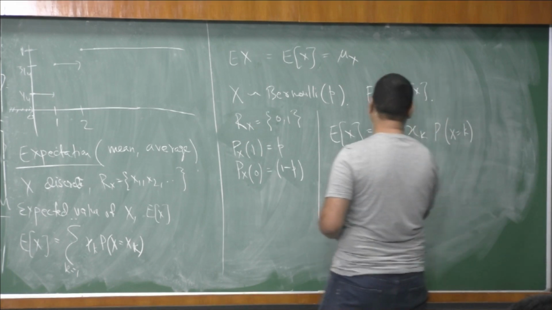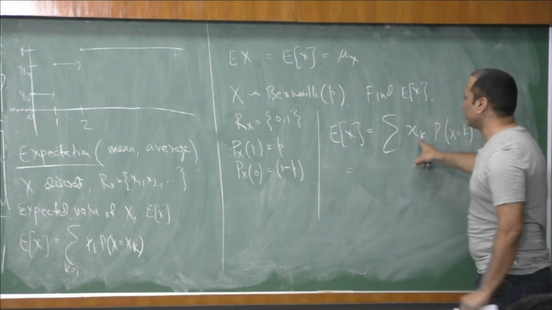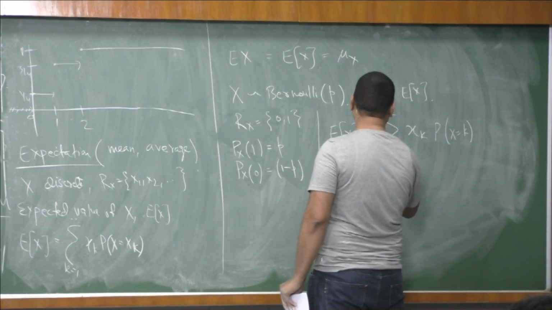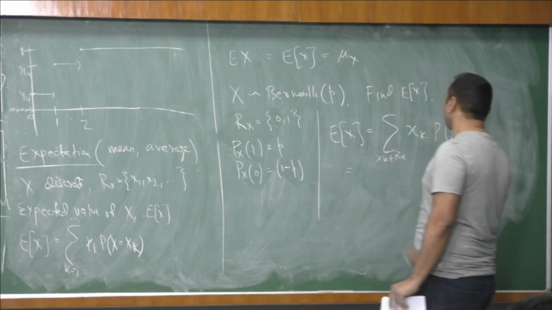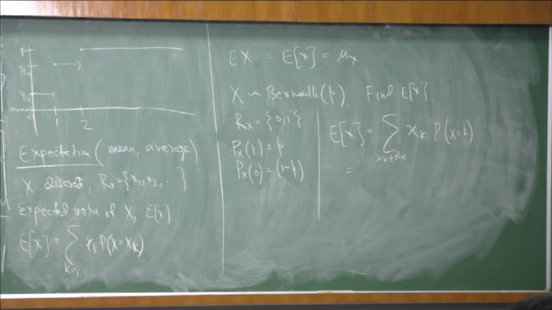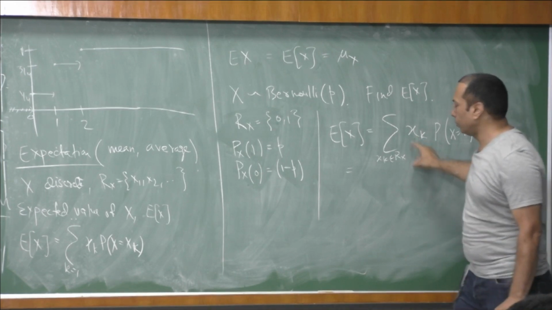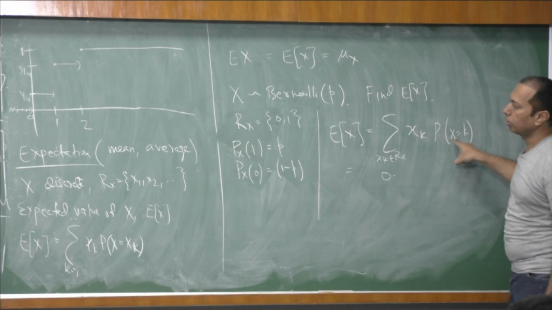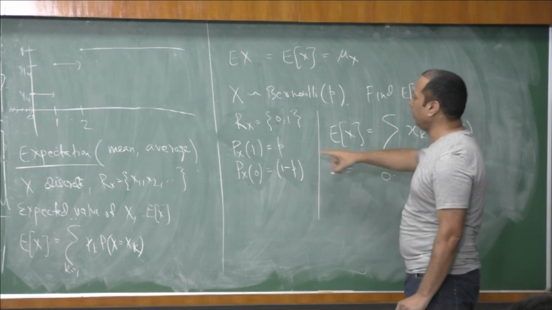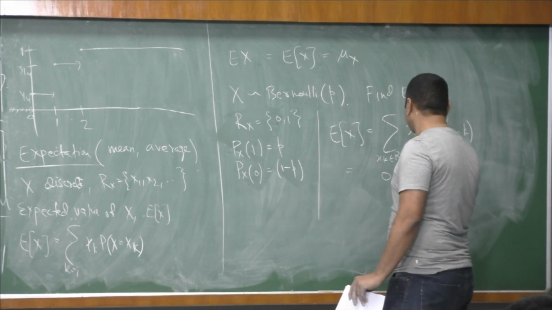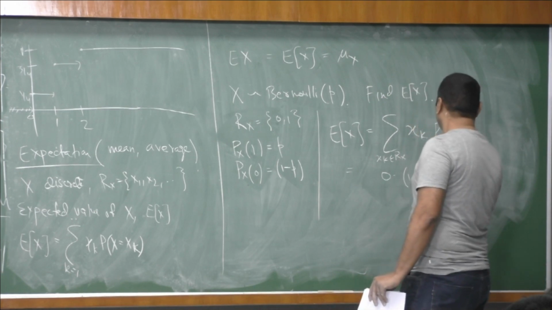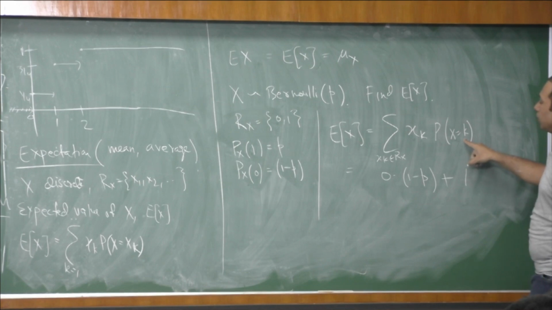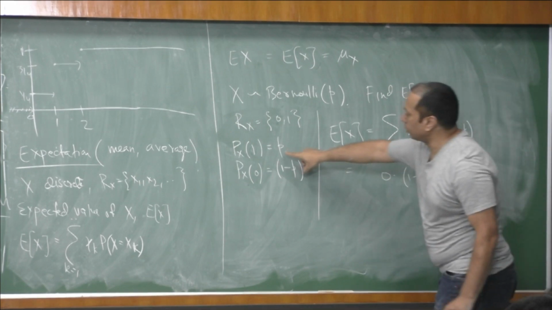This sum goes over the range of X, so I can write xk in the range of X. First is 0, so it's 0 times the probability that X equals 0, which is 1 minus p, plus 1 times the probability that X equals 1, which is p, the probability of head.